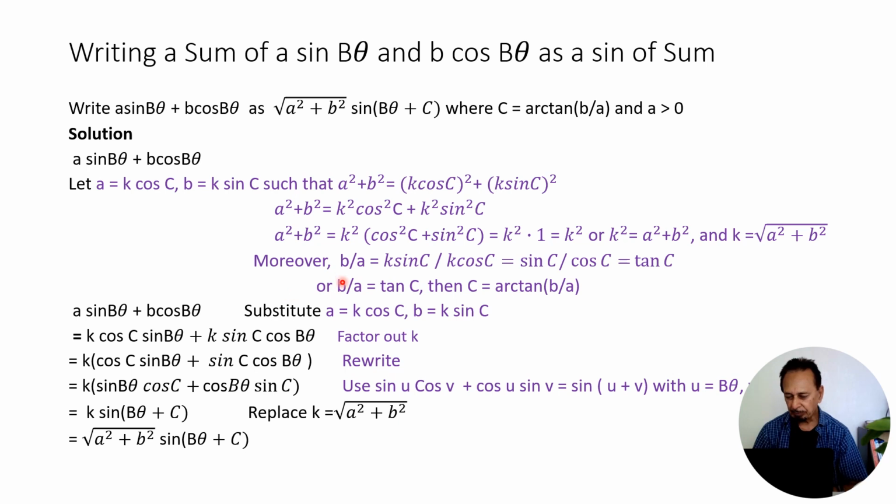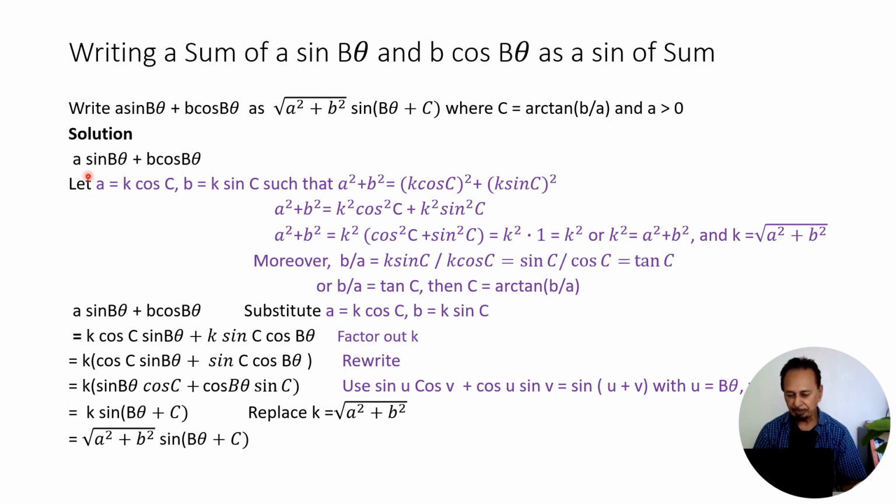Moreover, if we divide b by a, we have k sine c over k cosine c. K cancels, and you have sine c over cosine c. Sine of c over cosine c is tangent c. So b over a is tangent c. Then by the definition of inverse function, we can write c equals arctangent b over a.